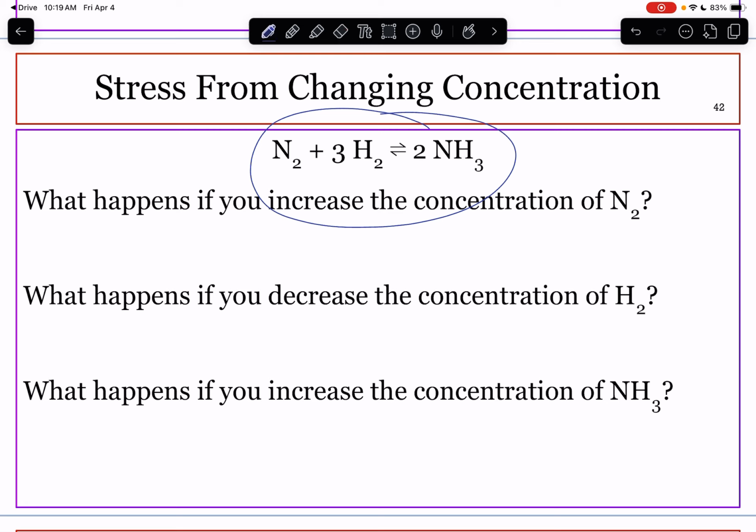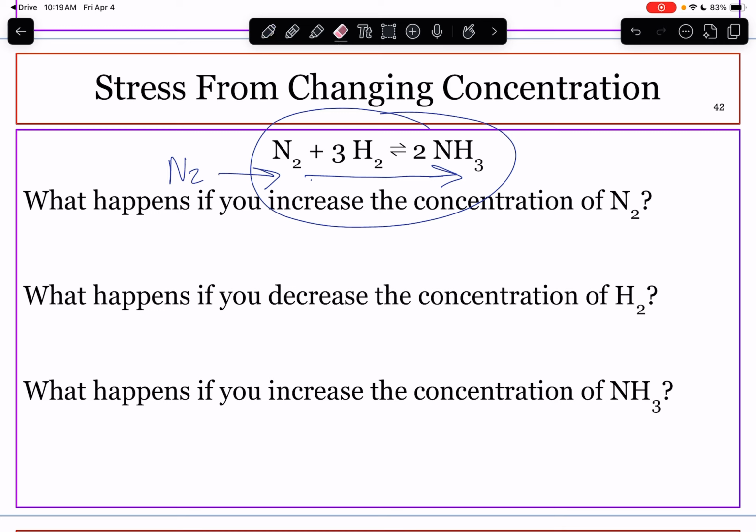Same with the reactants. So if the scientist decides to inject into the system more nitrogen, then you can think of this as the system has been supplied the ingredients to have the forward reaction be produced. So then the nitrogen is going to be used up and more NH3 gets produced.